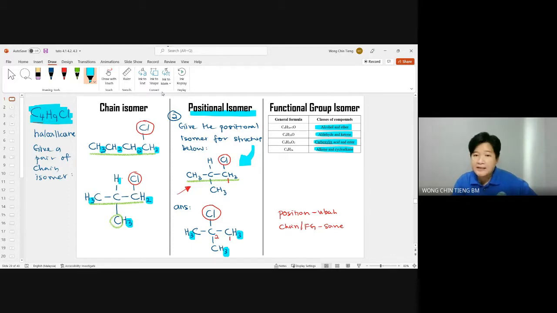Okay, anything other than this 8 functional group ataupun the 8 homologous series, kita takkan ada functional group yang lain. Dengan kata lain, for this question, there will be no functional group isomer for this question. Tak ada, memang tak ada, takkan ada. Okay, boleh.